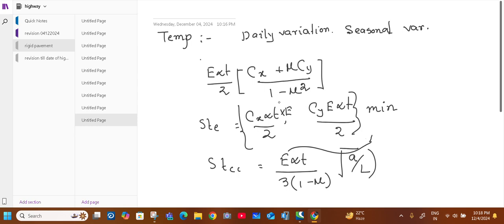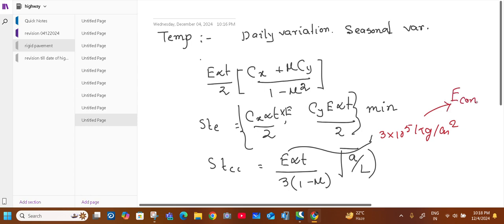E is 3 into 10 to the power 5 kg per centimeter square, the elasticity of concrete. Alpha is 1 into 10 to the power minus 7 per degree Celsius.